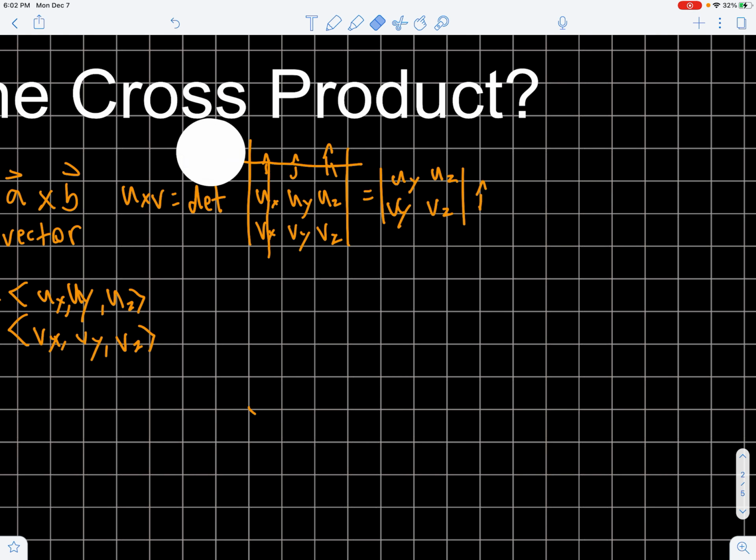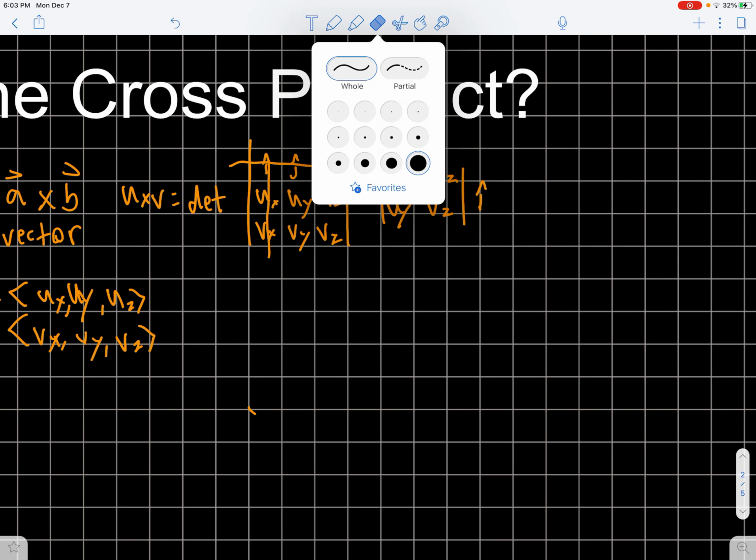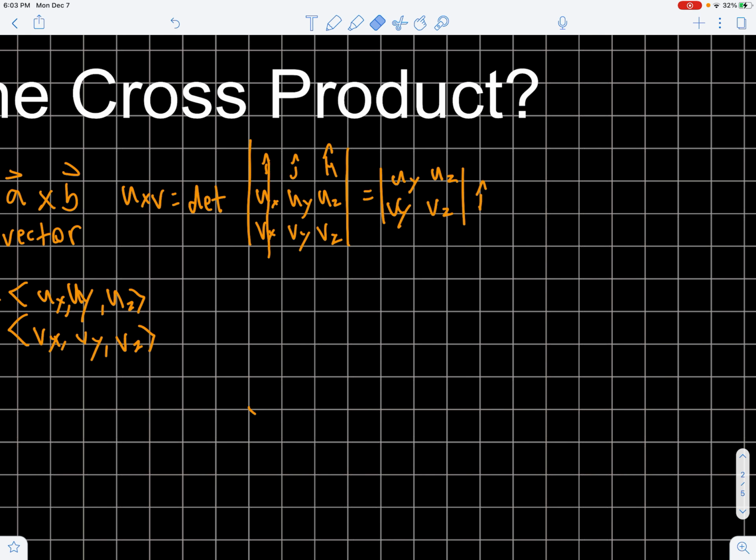Then minus, because you have to follow these rules when breaking down 3 by 3s, the determinant of ux, uz, vx, vz, times j hat.